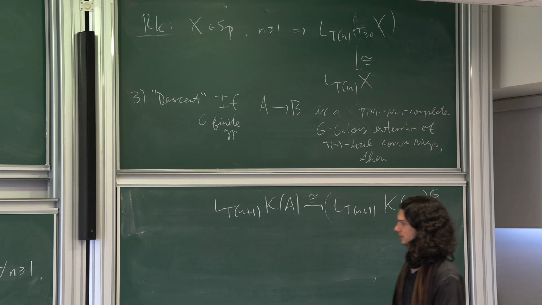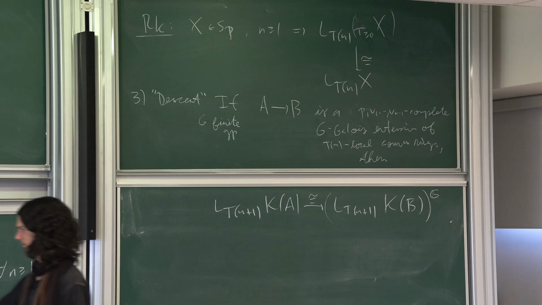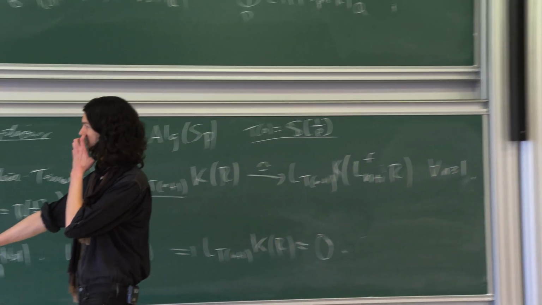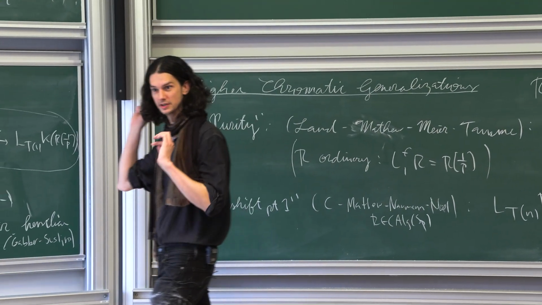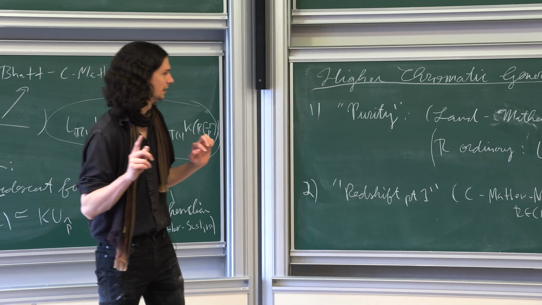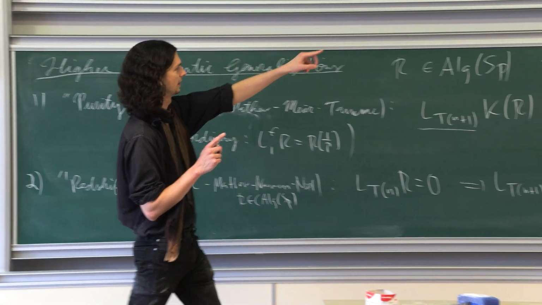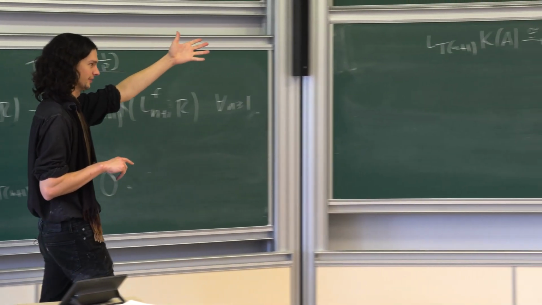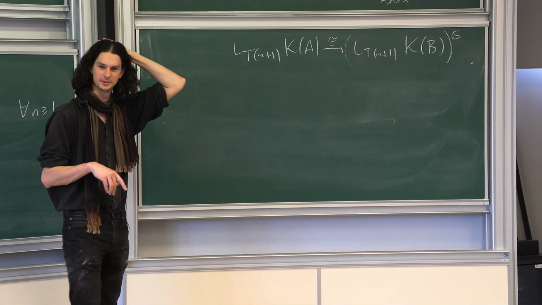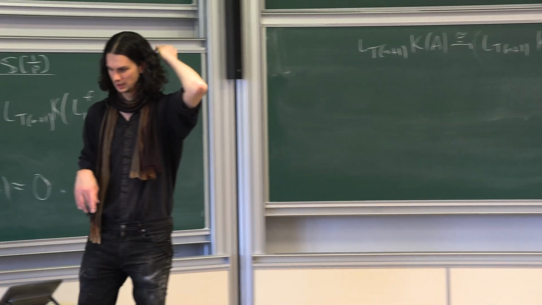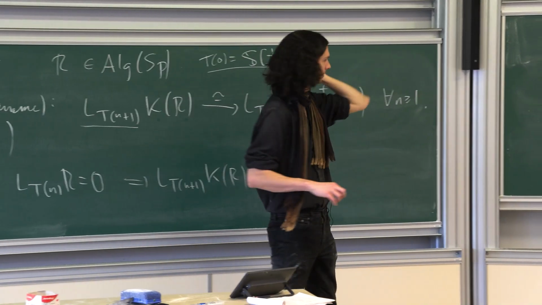So this redshift part 1 is supposed to be a generalization of Mitchell's theorem that we had earlier. Descent was supposed to be a generalization of this very soft form of Thomason's theorem that we had earlier. And let me make a remark.